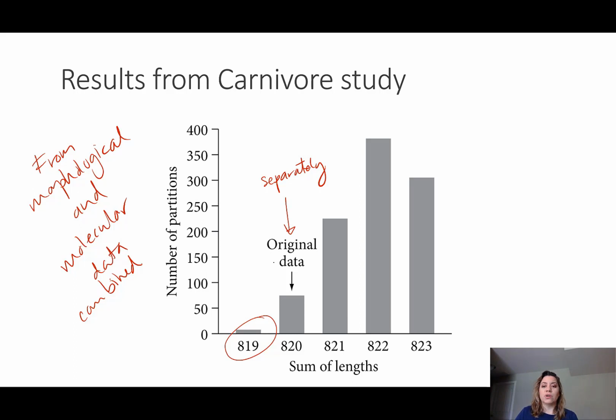When the partitions were concatenated and run together, we ended up with a tree that is actually better. A couple of trees, as a matter of fact. And then there's a whole bunch that are way longer, okay?